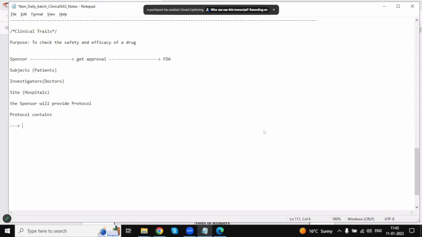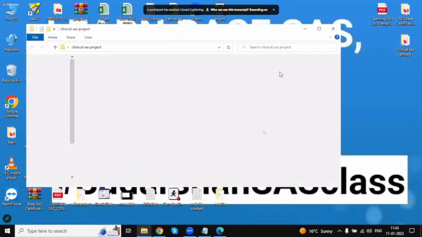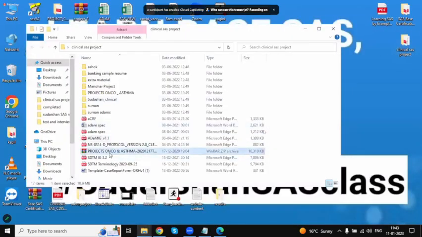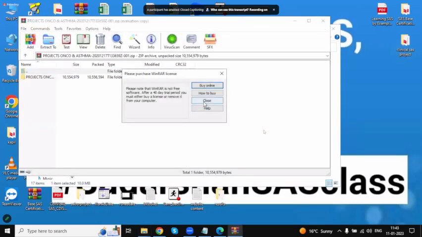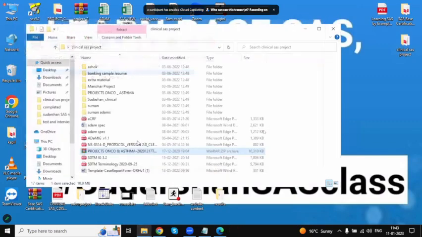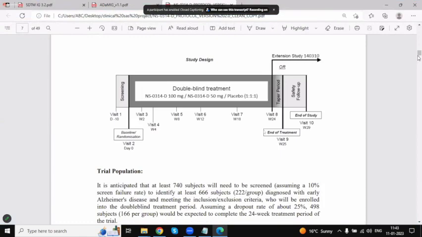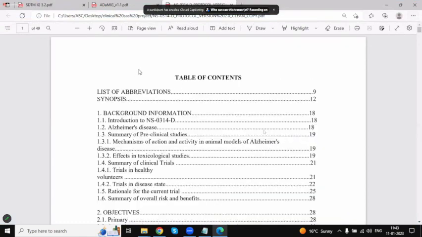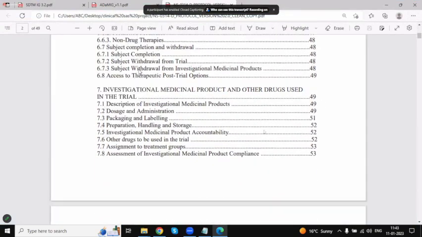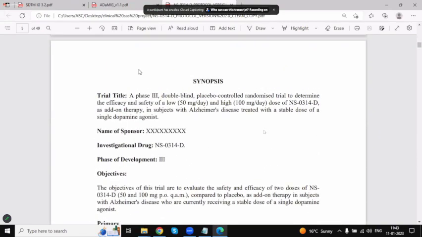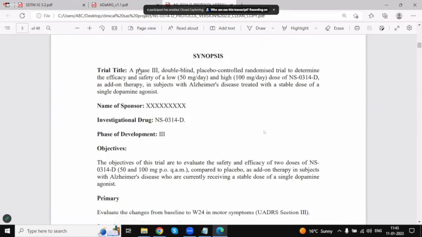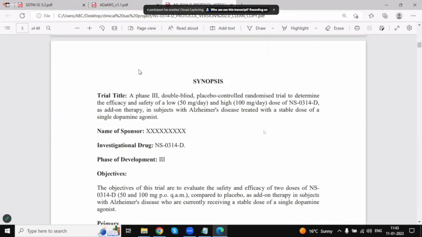Okay, let me show you one sample protocol. So it looks like this. Okay, so this is one protocol. See the synopsis. See this protocol, see the title.